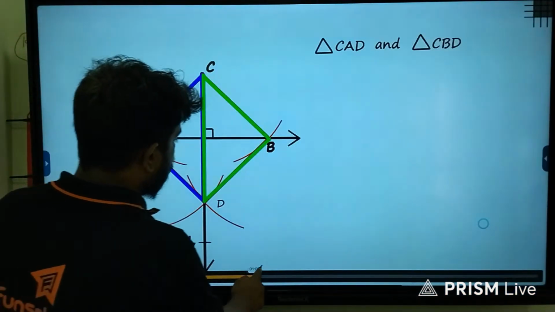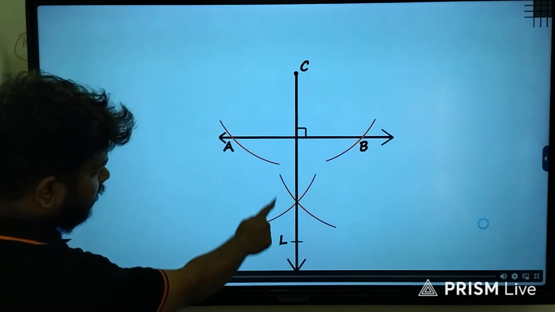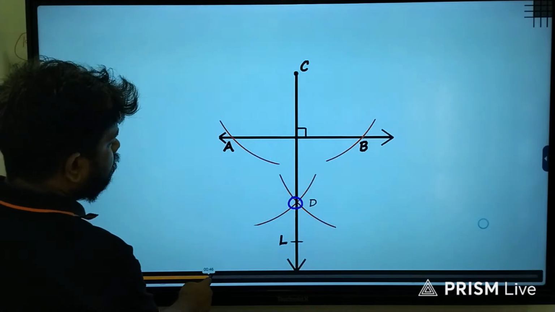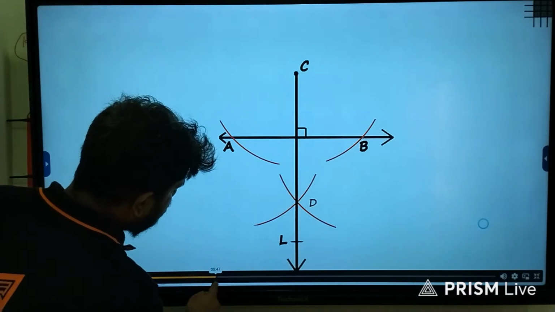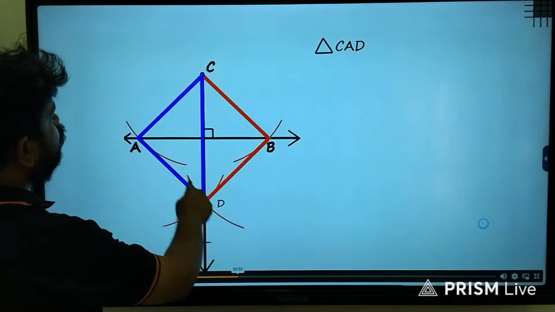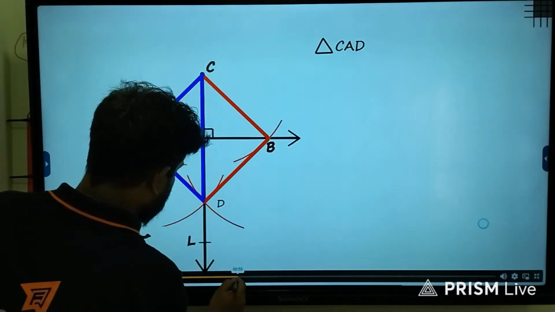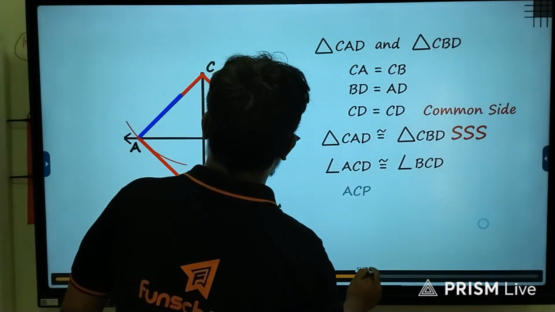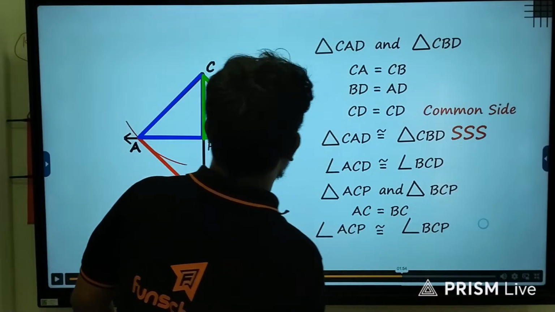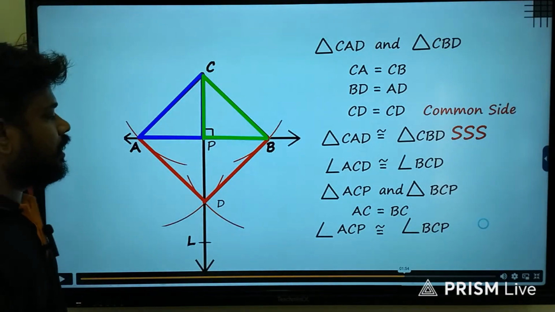So what we have learned from the video is the logic of drawing the perpendicular like this. We have learned that if we draw the perpendicular like this and join all the lines, we will get a rhombus, not only a rhombus, a square.